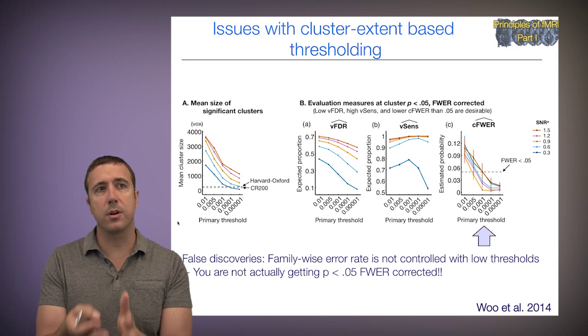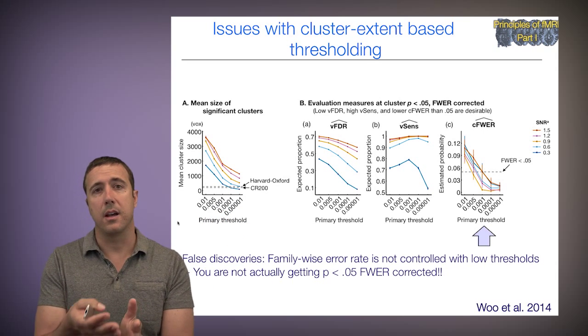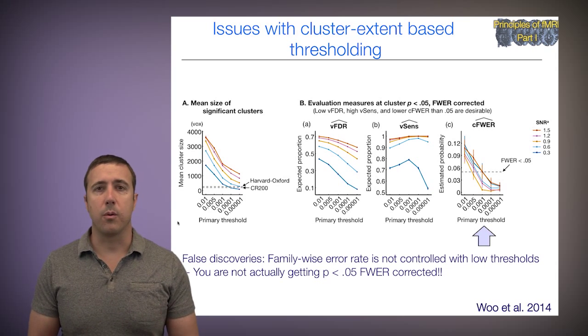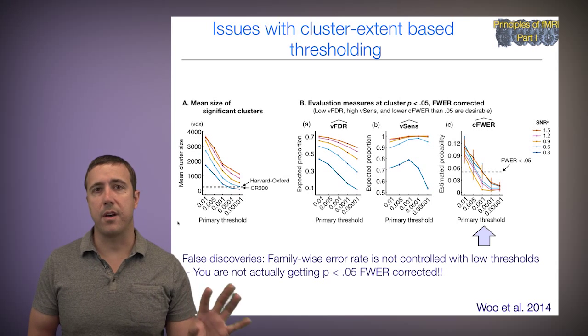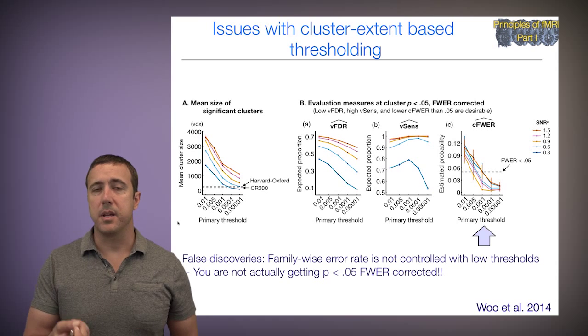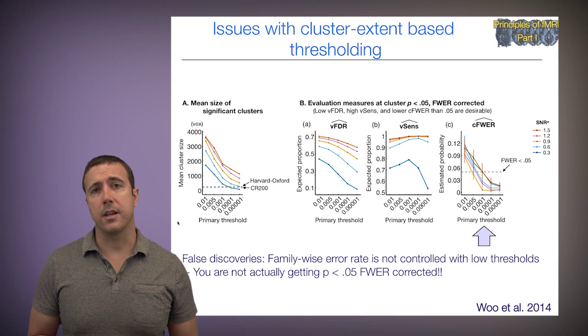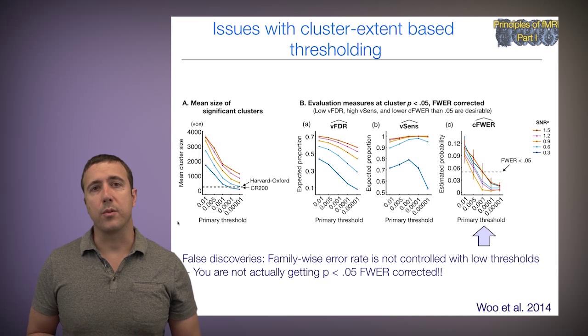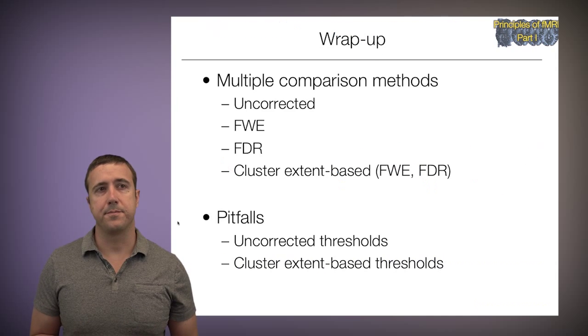And at 0.001, in these simulations at least, or below, it's properly controlled. And that level, 0.01 to 0.001, will depend on the characteristics of your data. So it's not a hard and fast rule. But what it does mean is that thresholding at least p is less than 0.001 is a good practice. Additionally, it makes sense to set a threshold so that you don't get giant blobs that span multiple anatomical regions, because those are not interpretable.